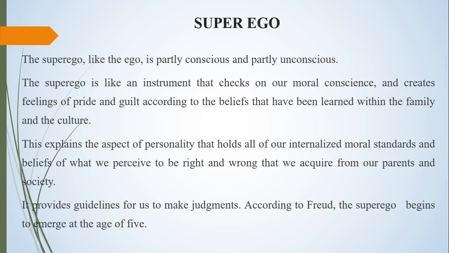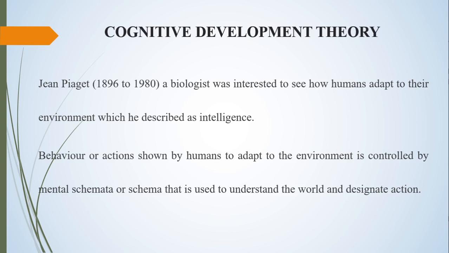This explains the aspect of personality that holds all our internalized moral standards and beliefs of what we perceive to be right and wrong that we acquire from our parents and society. So it provides guidelines for us to make judgments. According to Freud, the superego begins to emerge at the age of 5.